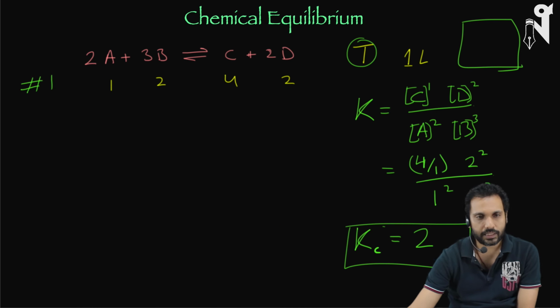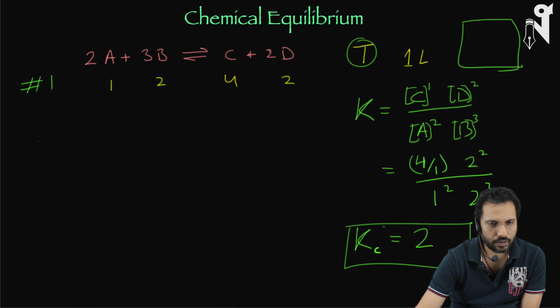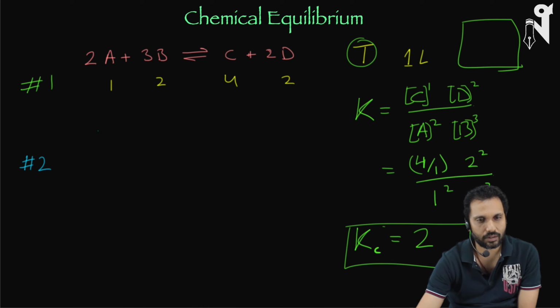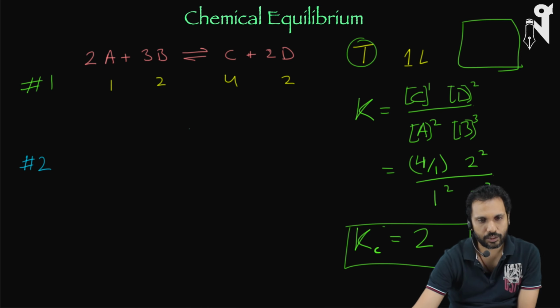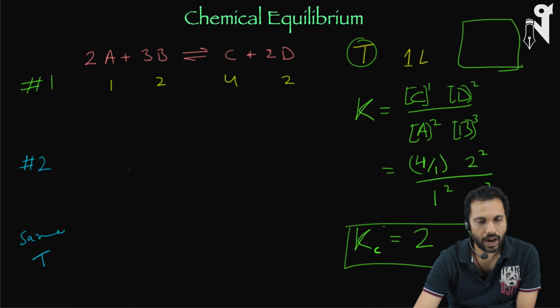Now let me give a second question based on the same reaction. Now somebody is performing the reaction somewhere else at the same temperature as earlier, and he says that at equilibrium, when nothing is increasing and decreasing, it is 1 mole, 2 mole, 4 mole and 2 mole for the first guy.